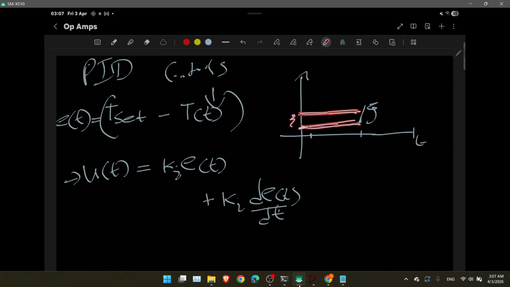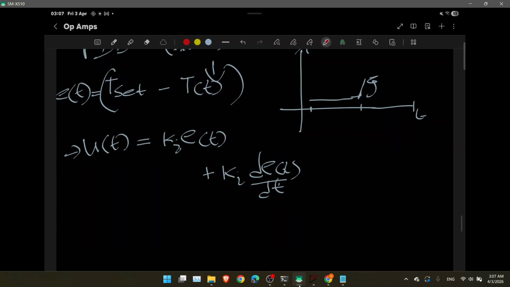So even though this et is low for this kind of range, the slope is really high. So this is a really needed measurement to correct the temperature.